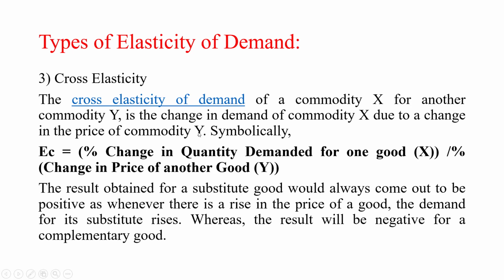We have to see the changes in the demand of commodity X due to a change in the price of commodity Y. The formula is the change in quantity demanded for one good divided by the change in price of another good. In this case, the result differs for substitute goods and complementary goods.